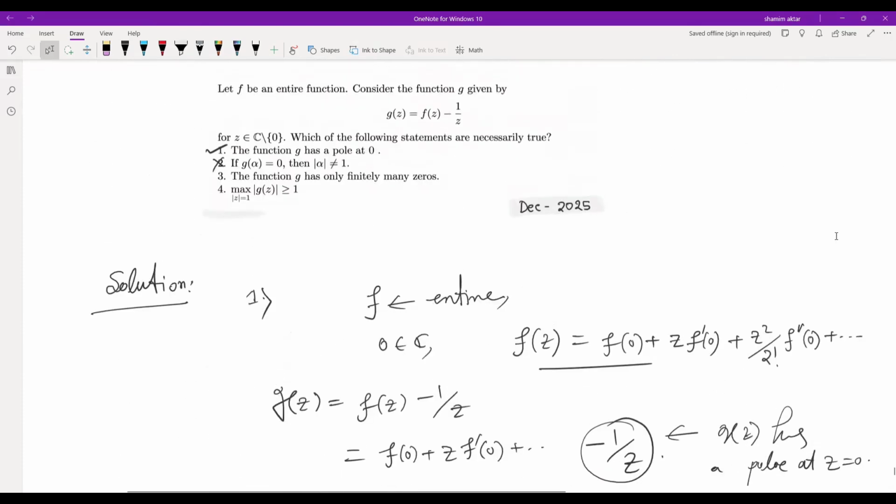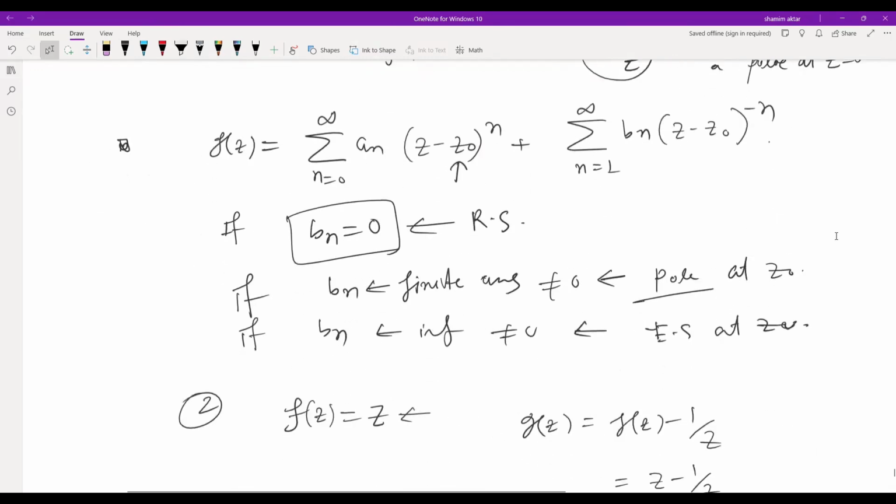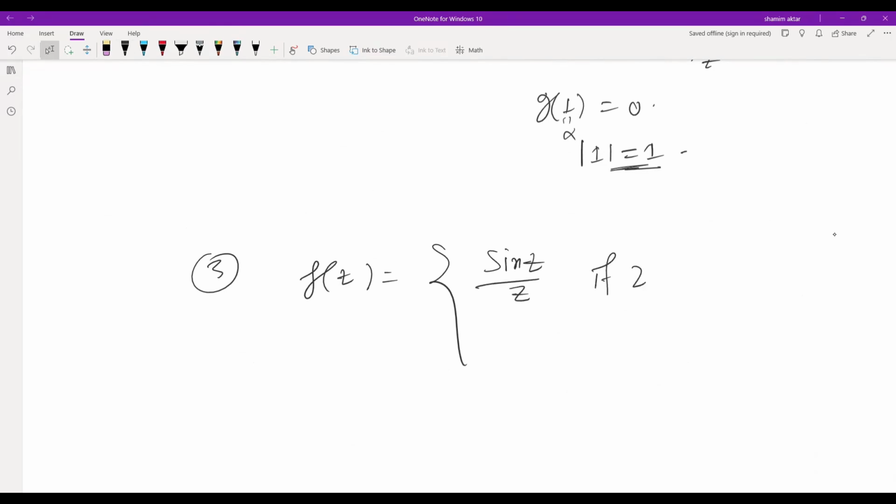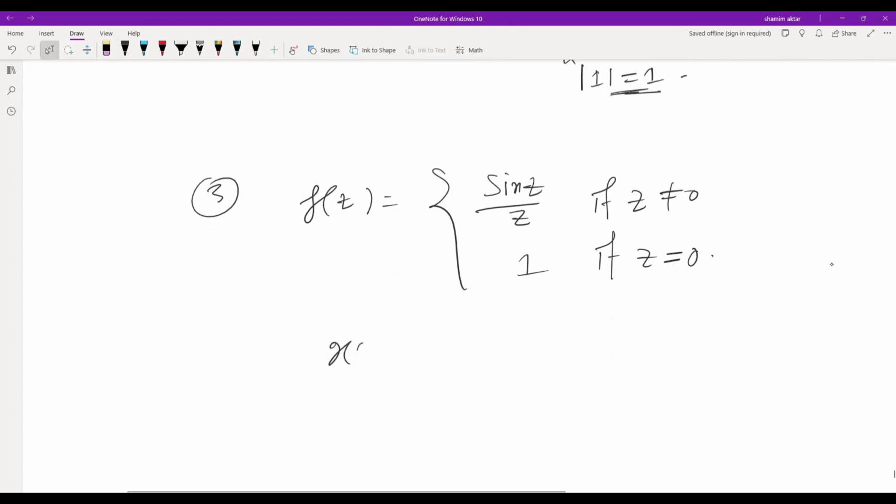Now the third statement says that g has only finitely many zeros. We can choose the function f(z) = sin z / z if z is not equal to 0, and 1 if z is equal to 0. In this case g(z) = f(z) - 1/z has infinitely many zeros.